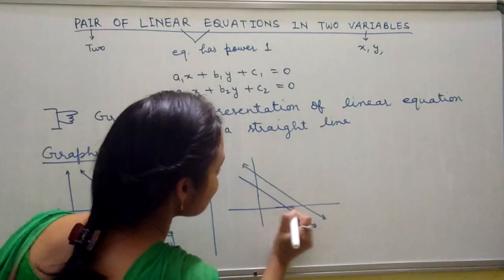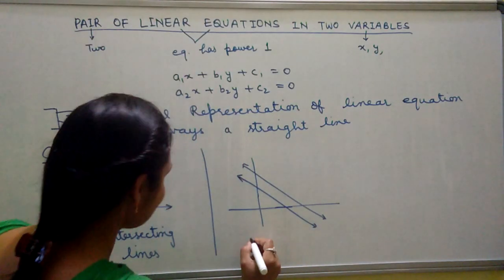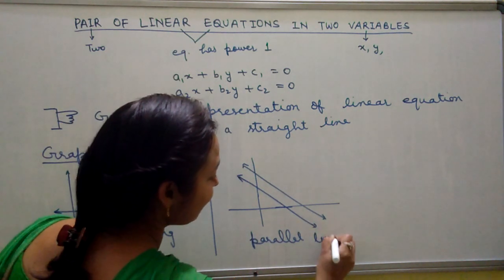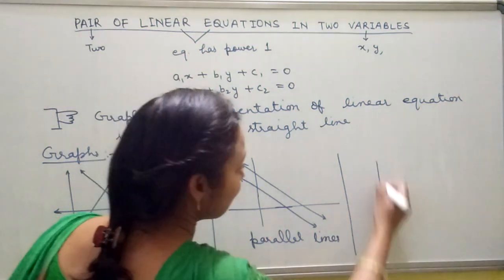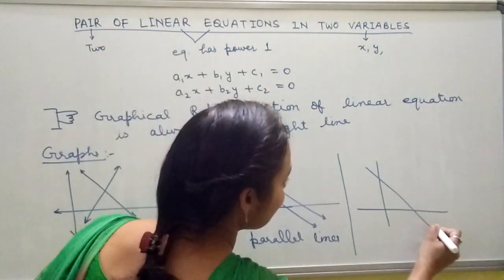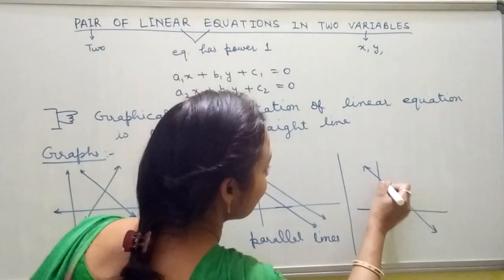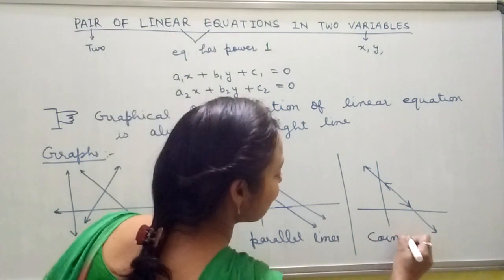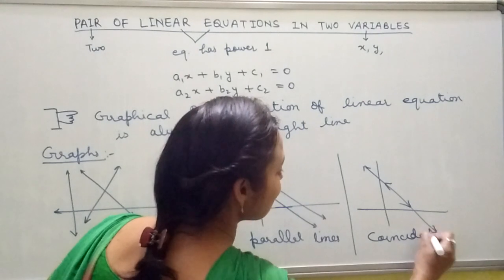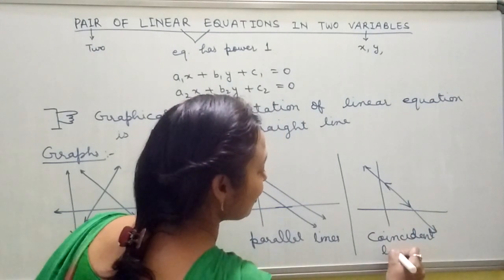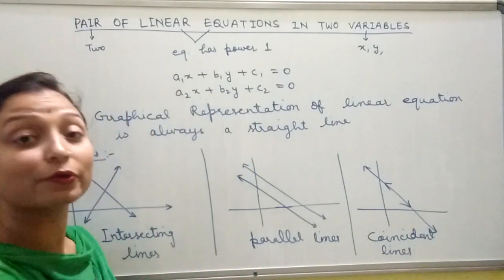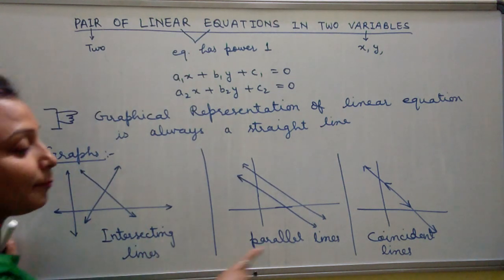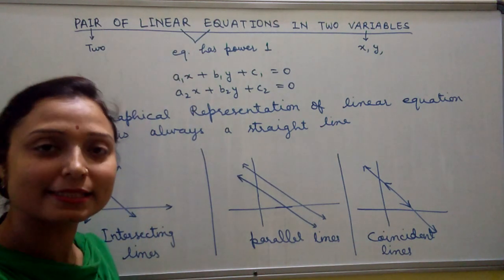And the third one is where line 1 and the second line also lies on it. These lines are called coincident lines. So there are three types of lines which we get by drawing the graphs: either intersecting, parallel or coincident lines.